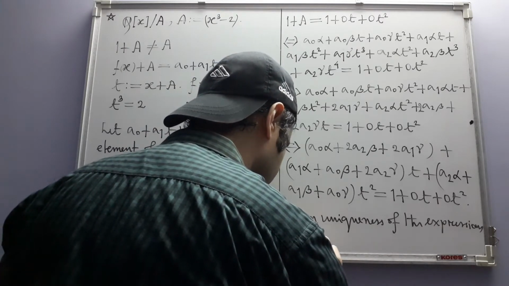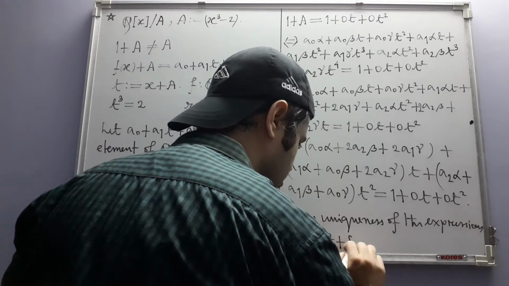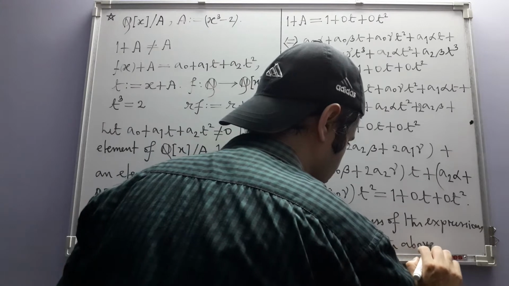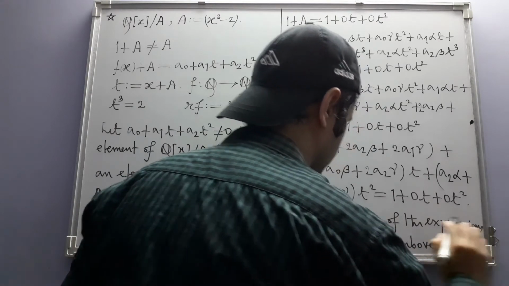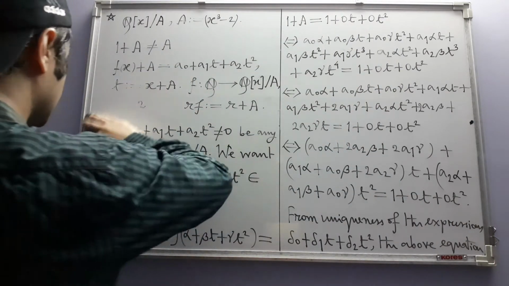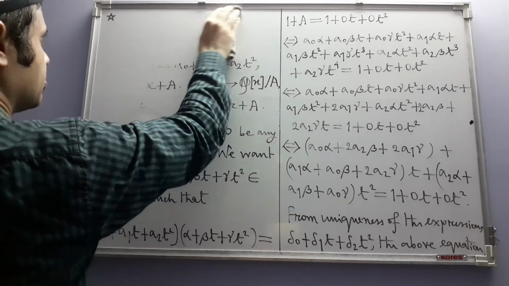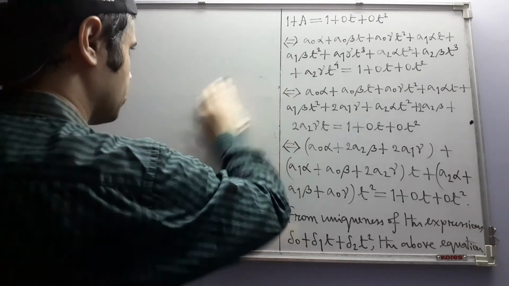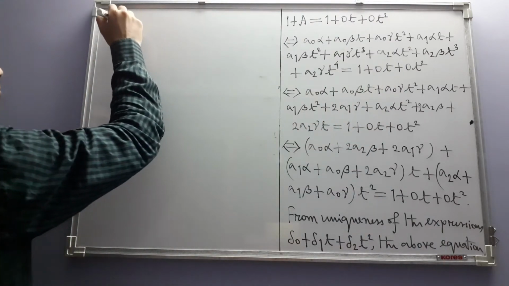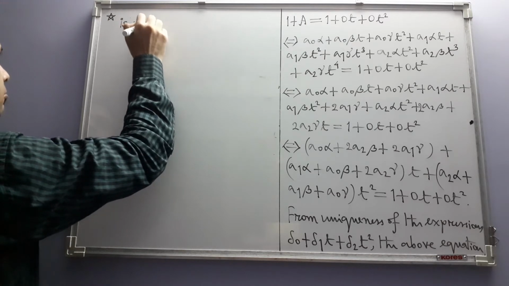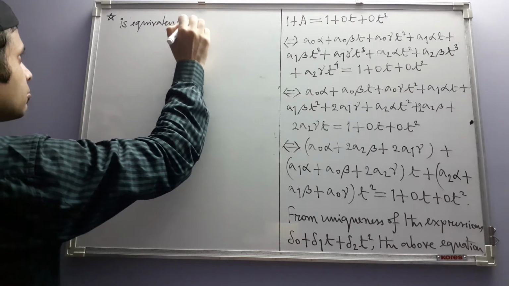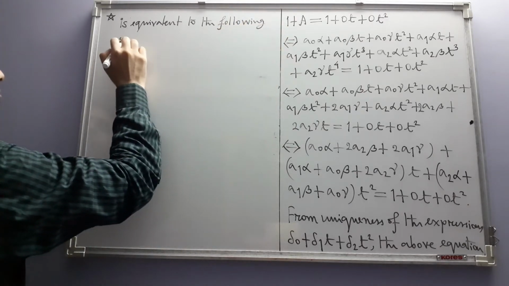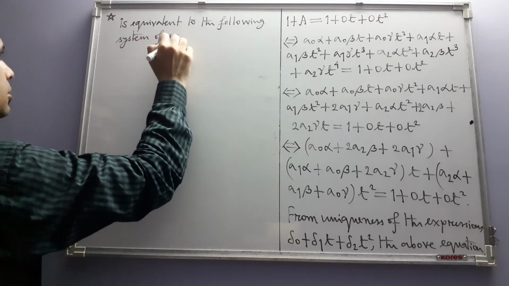So let me take delta naught plus delta 1 t plus delta 2 t square, the above equation is equivalent to the following system of equations.